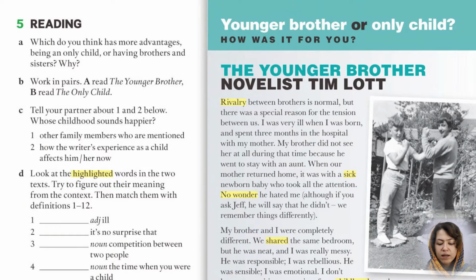"I was very ill when I was born and spent 3 months in the hospital with my mother. My brother did not see her at all during that time because he went to stay with an aunt. When our mother returned home, it was with a sick newborn baby who took all the attention. No wonder he hated me."